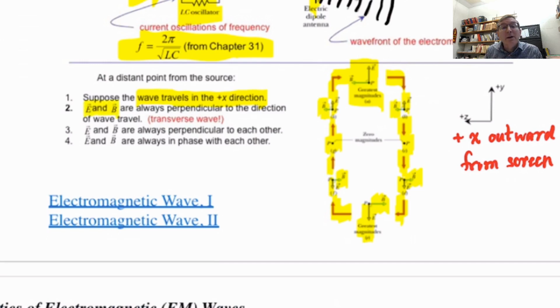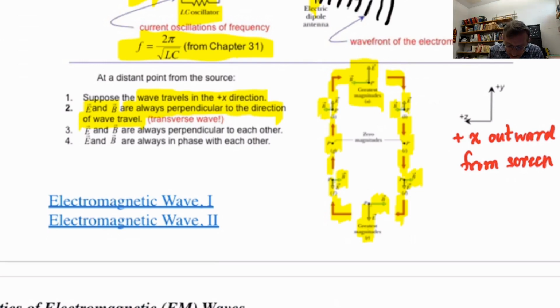Both the electric field E and the magnetic field B are always perpendicular to the direction in which the wave is traveling. You see that? If the wave's traveling towards us in the plus X direction, the electric field is always oscillating parallel to Y, and the magnetic field is always oscillating parallel to Z. So both E and B oscillate perpendicular to the direction the wave is traveling.